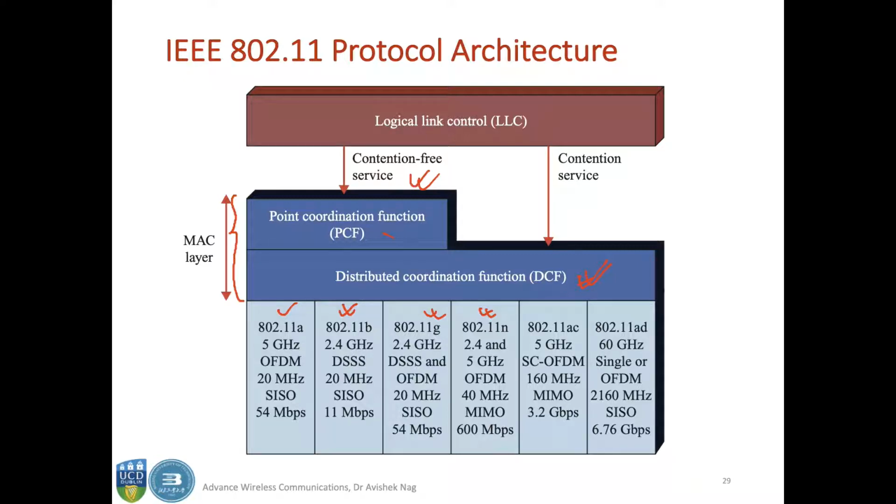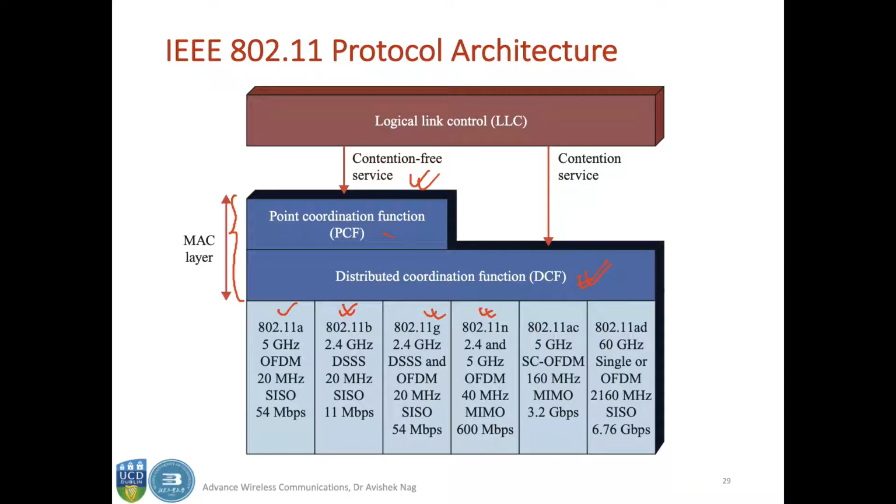So let's see the details of those. Let's first focus on the DCF. Okay, so this is decentralized, as the name suggests, and within this there is a specific protocol called CSMA, which is carrier sense multiple access. So basically, distributed coordination function, as you saw in the previous slide, is a contention service. Okay, so to account for contentions, you have this CSMA protocol.